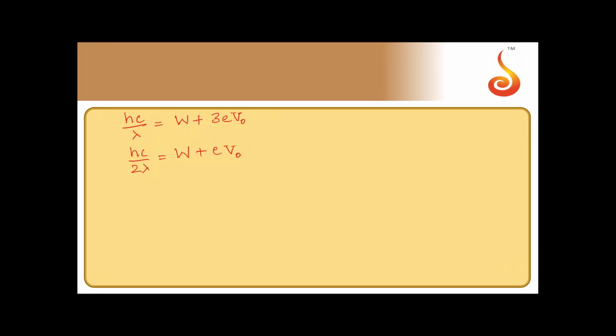So now we have to calculate W from these two equations. So multiply this 2 to this side, hc by lambda is equal to 2W plus 2eV0. Now let us call this 1, this 2. Now consider 2 minus 1.